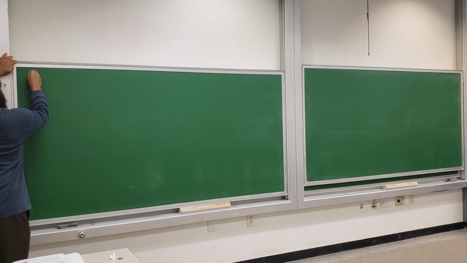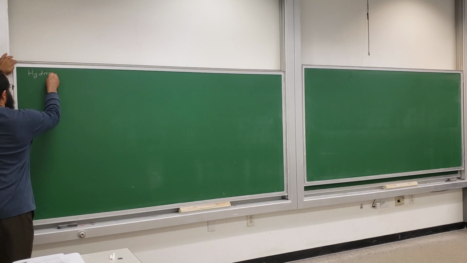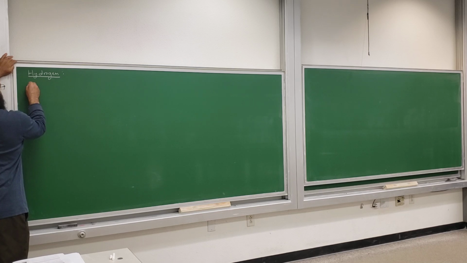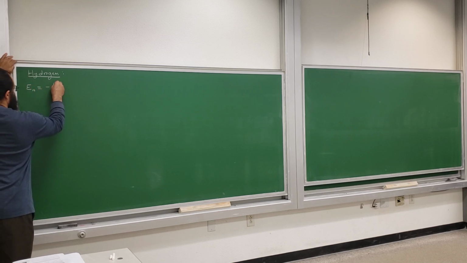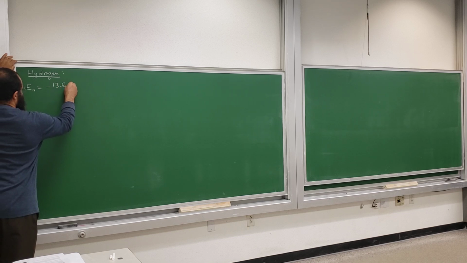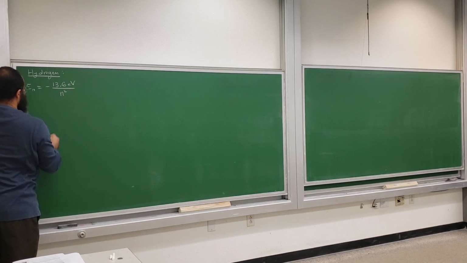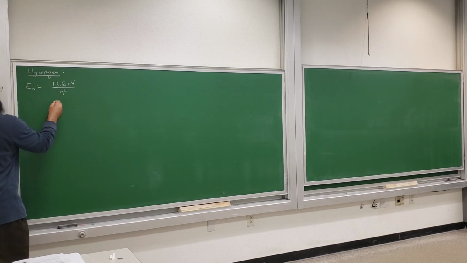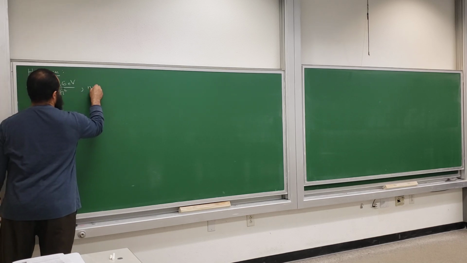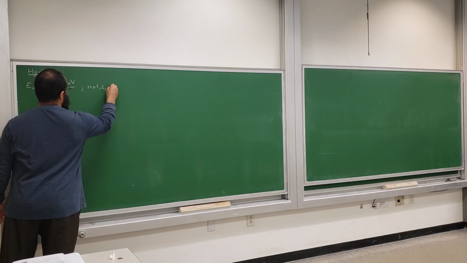So for hydrogen, we had the energy levels E_n equal to minus 13.6 eV over n squared, where n is equal to 1, 2, and so on.